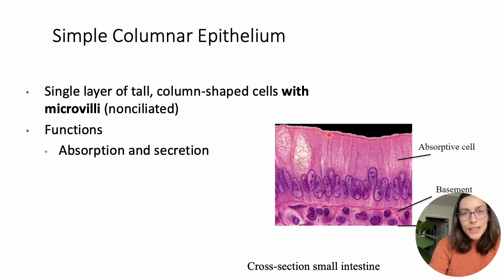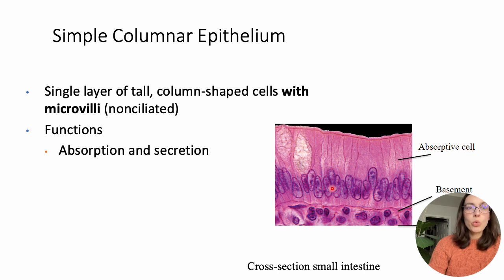And the reason why it has like a line and then something above the line is because that is the brush border, or like that area that has those microvilli. Because they're so close to one another, it kind of looks like this separate layer. The nuclei are oval, and they're all around the same area over here.